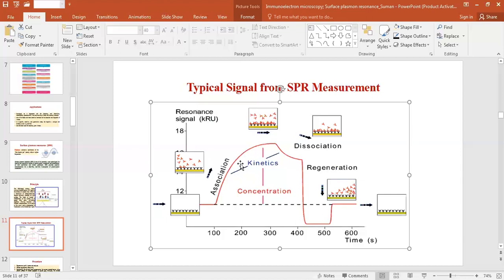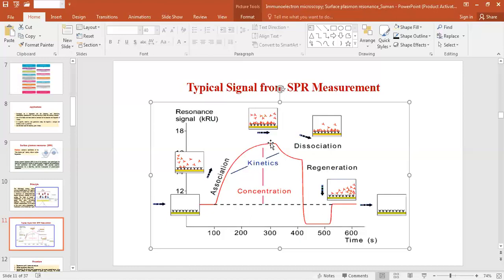In this step, you can see the signal is constantly increasing, which means this is the association step. Here we are getting the resonance signal, and we can calculate it in the form of resonance units. The kinetics is going on, and after that you will get a plateau-like structure.